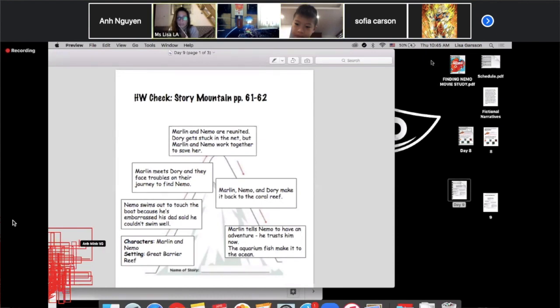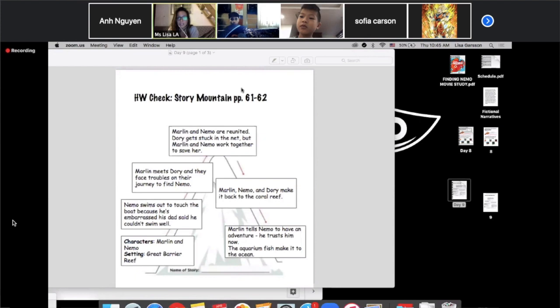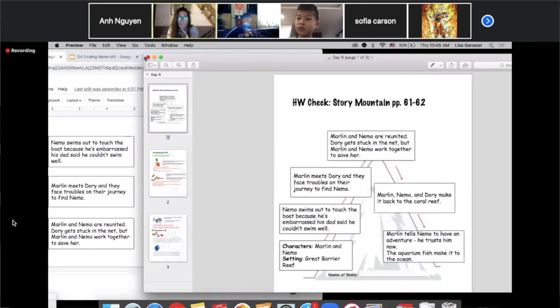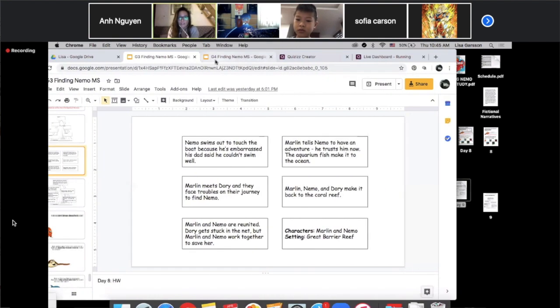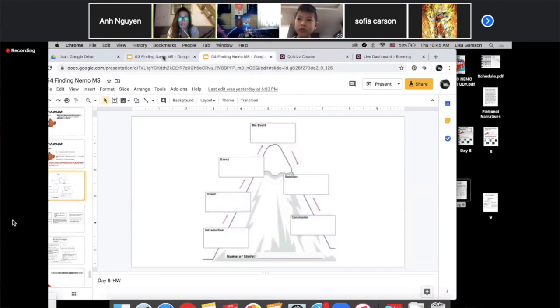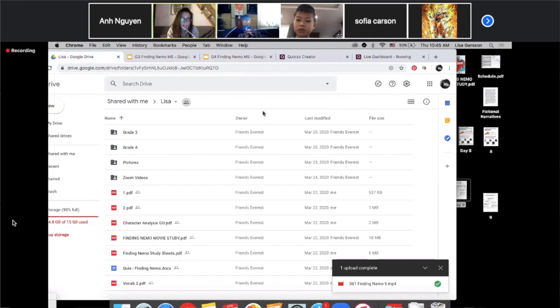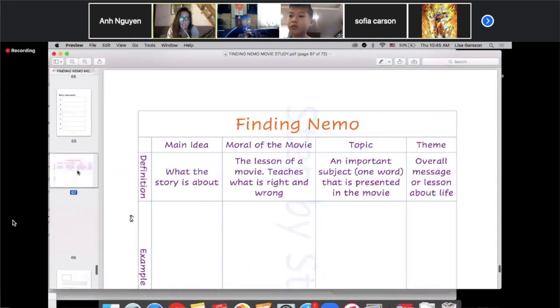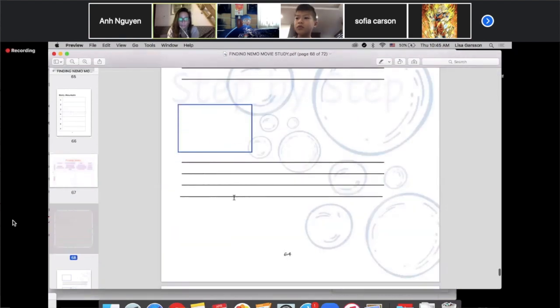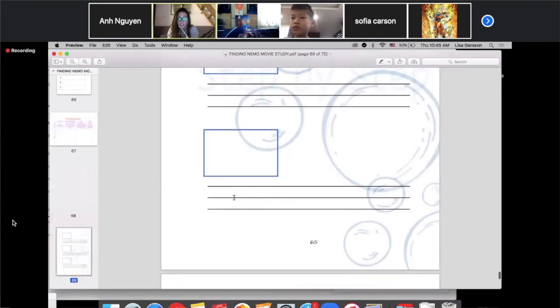All right, so let's talk about some lessons that we can learn from Finding Nemo today. If you have your booklet printed out, it is going to be on pages 64 and 65.